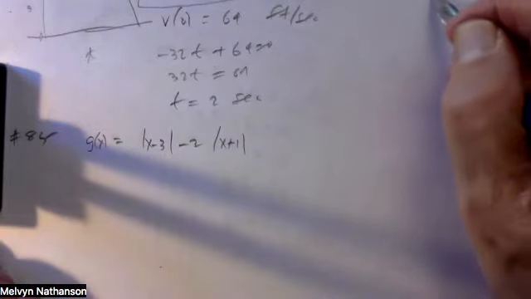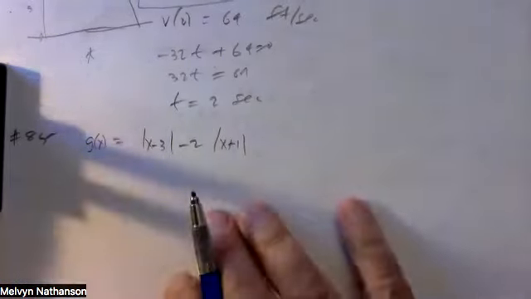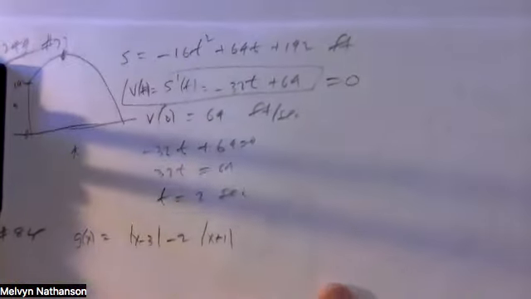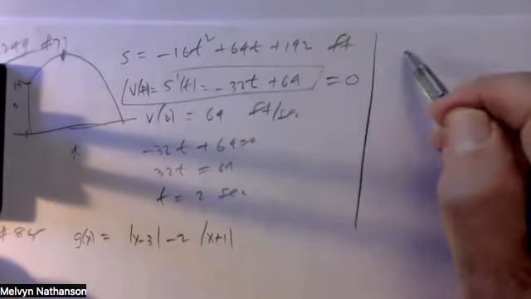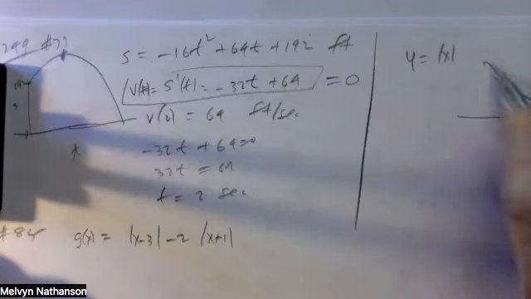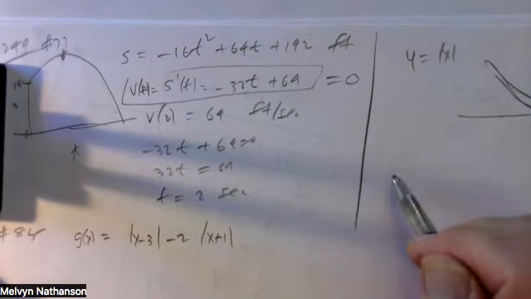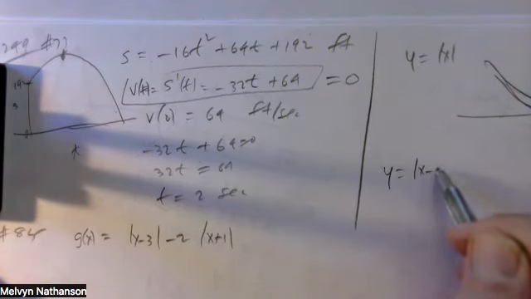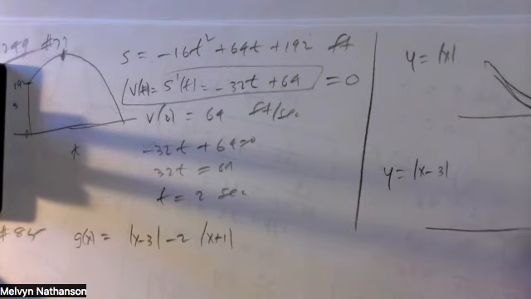remember, let me graph over here. If we have the function y equal the absolute value of x, the graph looks like that. You take y equal the absolute value of x minus 3, that's the same graph, but it's shifted over 3 units to the right. So when x is 0, y is 0.